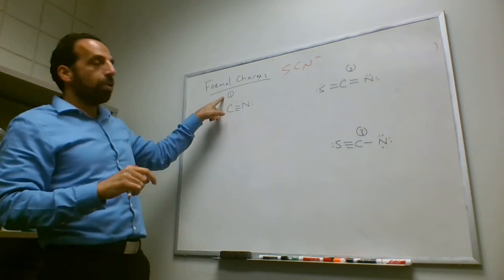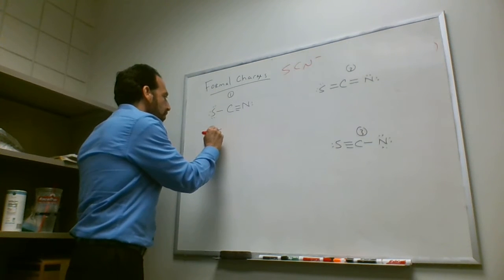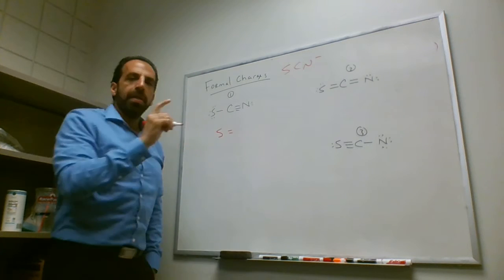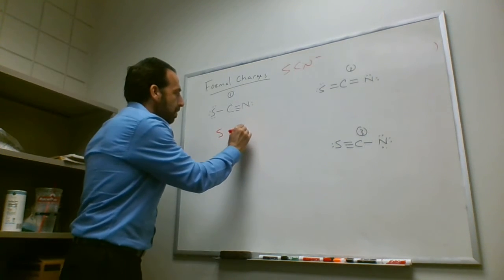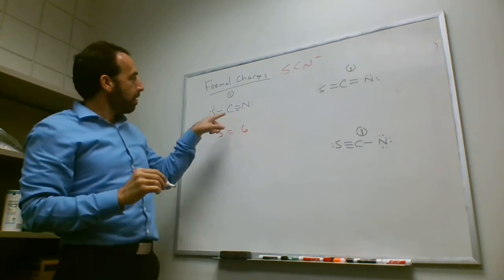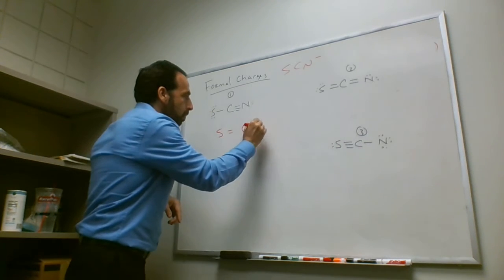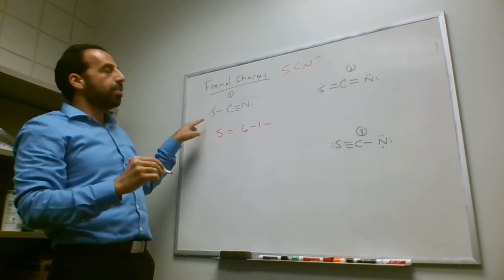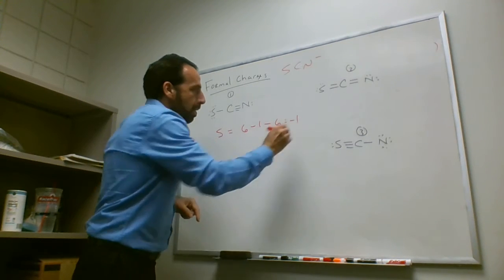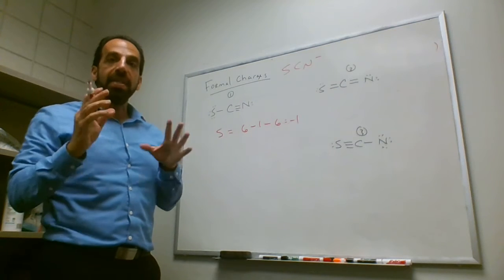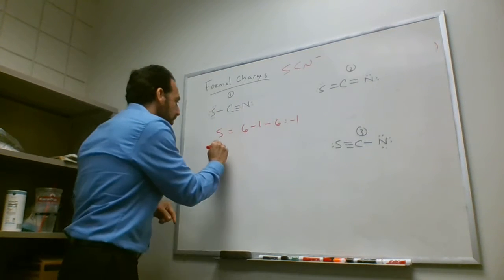So let's look at structure one. Let's look at sulfur. To get the formal charge, it's the number of valence electrons. Sulfur has 6 valence electrons, minus the number of bonds, it's got one bond, minus 1, minus the number of electrons around it, so that's 2, 4, 6, minus 6. So its formal charge for sulfur is negative 1. Let's do it for carbon.